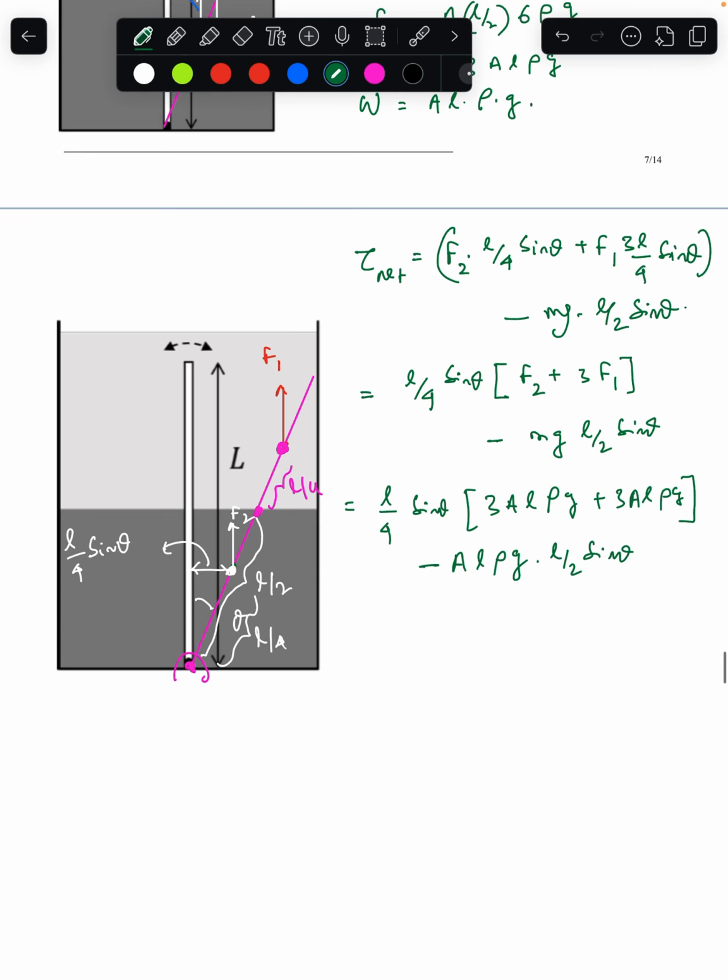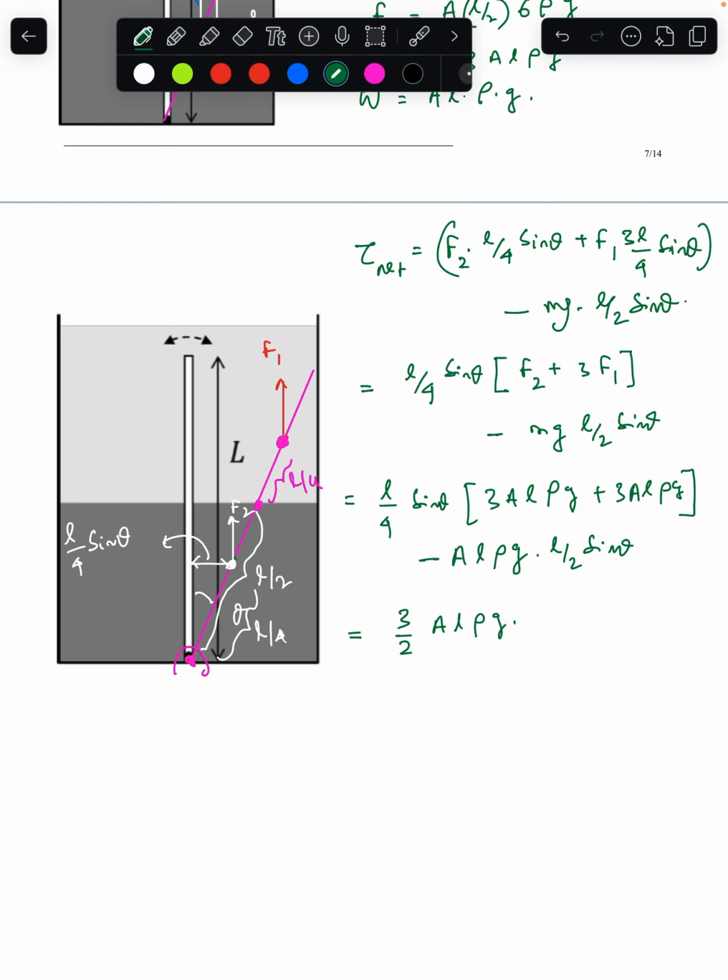So how much is this coming to? Please cross check once again. So this is 6 by 4, which becomes 3 by 2. So we can write 3 by 2 A L rho g sine theta minus A L square rho g sine theta divided by 2.